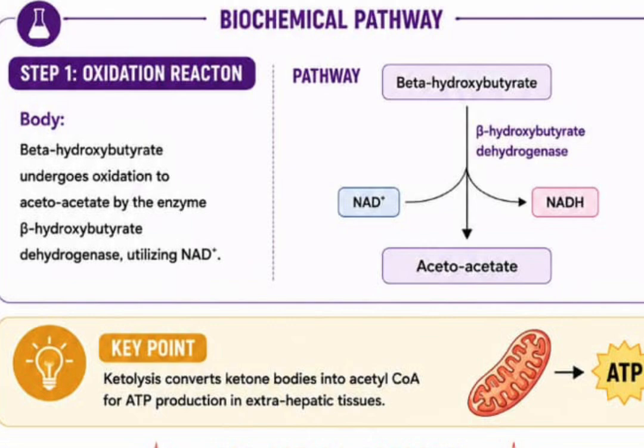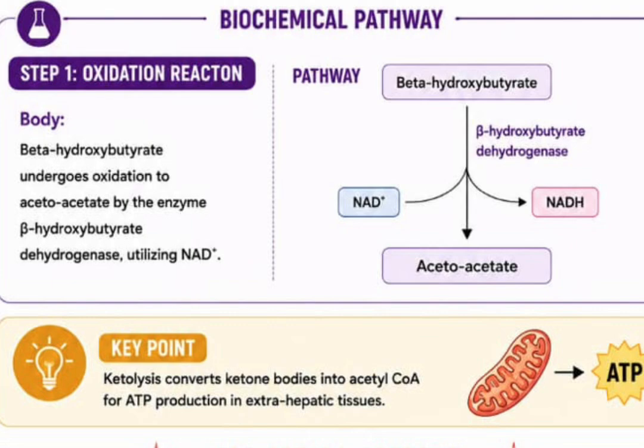In doing so, I'll be reducing NAD plus to NADH. Remember, when you have NADH, you can use it to get 3 ATP in the electron transport chain. So this shows that these steps are important for ATP formation. And the enzyme is beta hydroxybutyrate dehydrogenase.